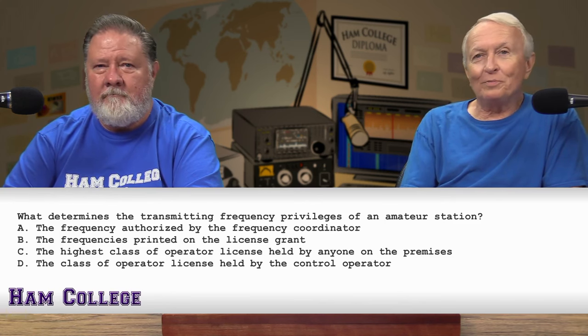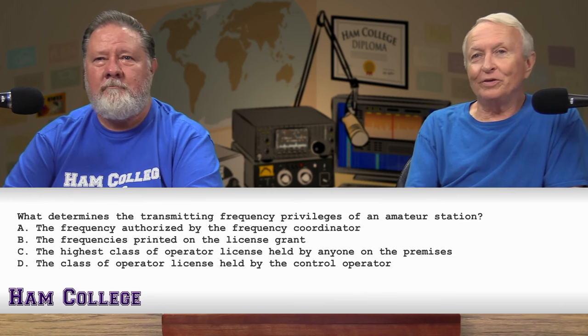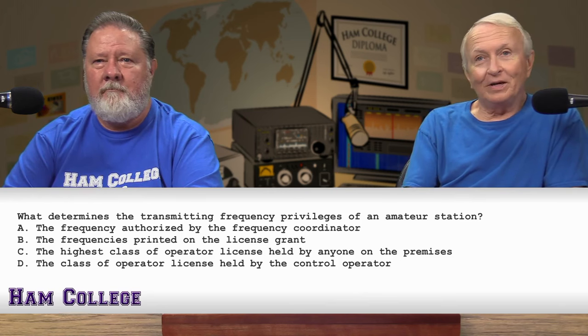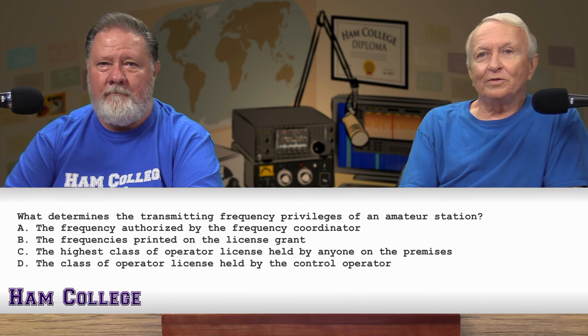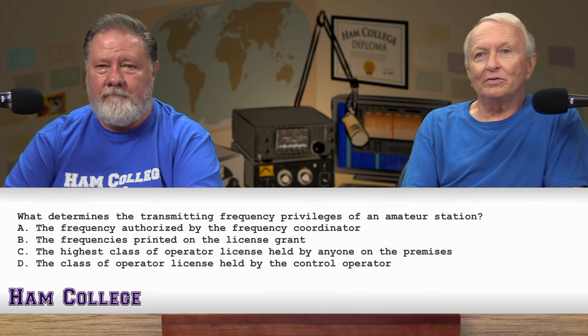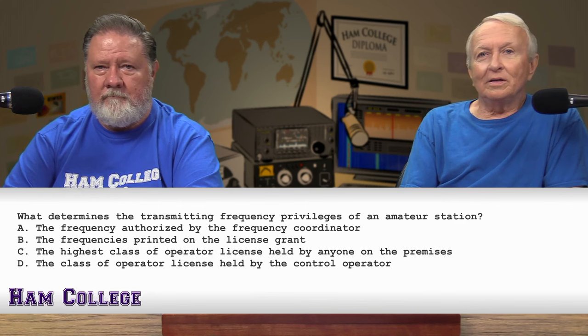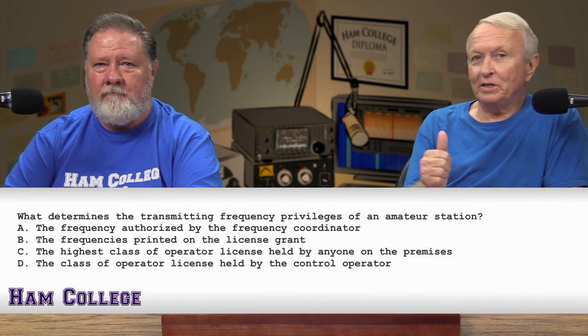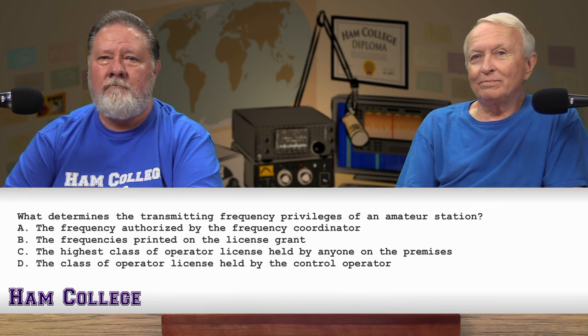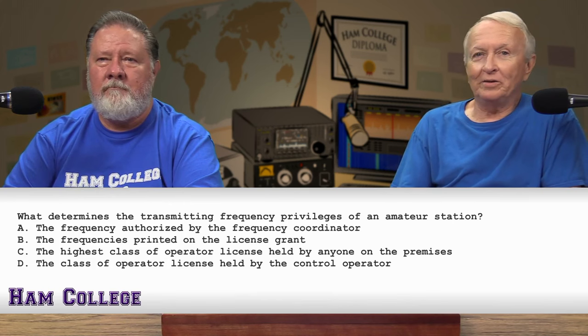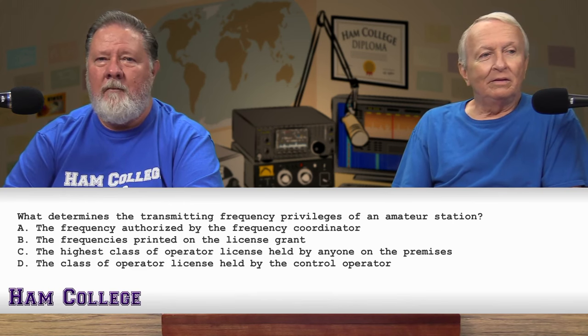And the control operator is the person in charge of the station, the one with the mic in his hand. It's going to be the control operator, although C sounds like a good possibility. I'm going to say it's D. I concur.